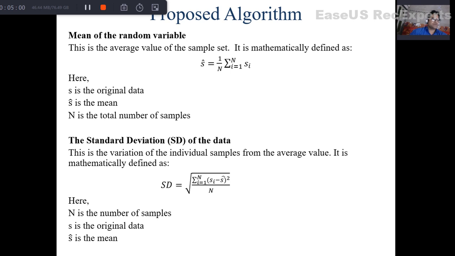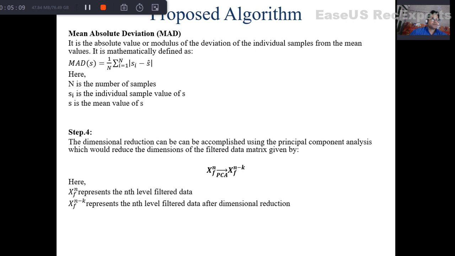After that we calculate the standard deviation of the data, and this formula calculates the standard deviation. We also calculate mean absolute deviations, and this formula calculates mean absolute deviations.